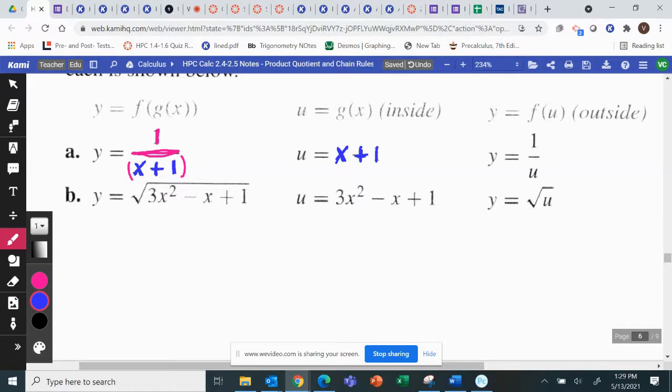Then question B, the same way, we could look at the outside being this square root. That's the outside function. So I would be taking the square root of something. And then the inside function would be what's on the inside of the square root.